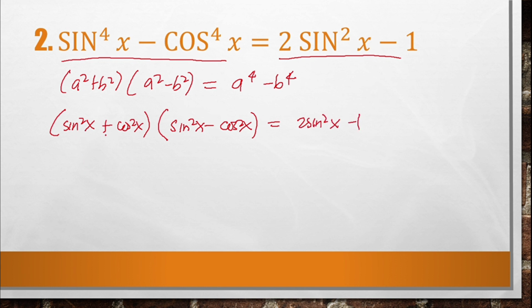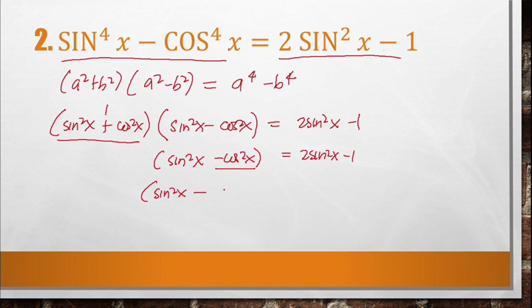So sine squared x plus cos squared x, this is an identity which is equal to 1. So therefore the remaining is sine squared x minus cos squared x is equal to 2 sine squared x minus 1. So we could use identity for this one. So the identity for this one is sine squared x minus 1 minus sine squared x.